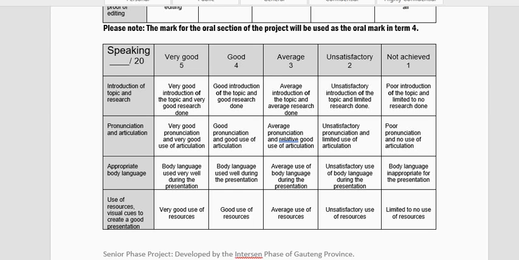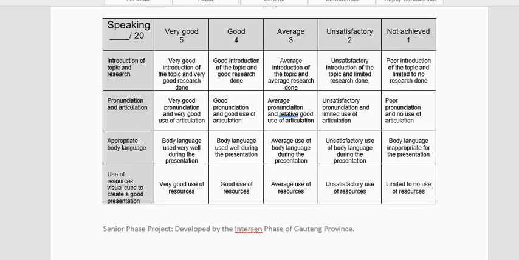Very good intro, very good research. Pronunciation and articulation, poor. No use of articulation, unsatisfactory pronunciation, limited use of articulation, etc. We look at body language as well. And once again, for the second time, how did the learner use his resources? Did he use it well or not? Limited up to very good resource usage.